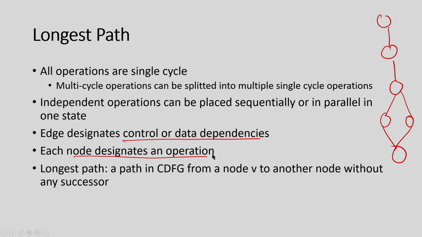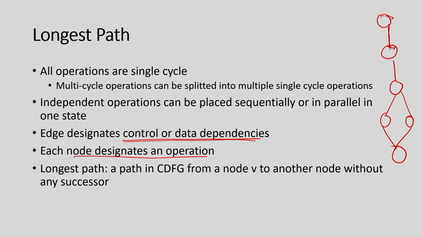So, each node designates an operation, and the edges designate the control and data dependencies. You can see here I am putting one operation at a time, so the data dependency is already taken care of. This edge is basically saying there is a kind of data dependency or control dependency.